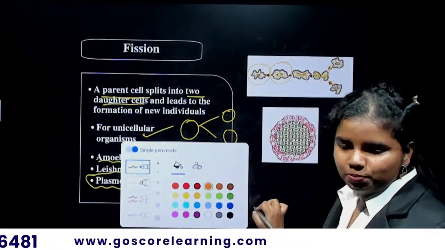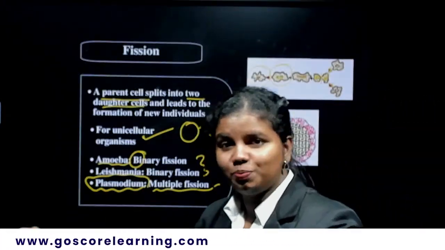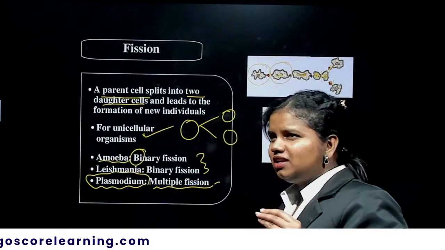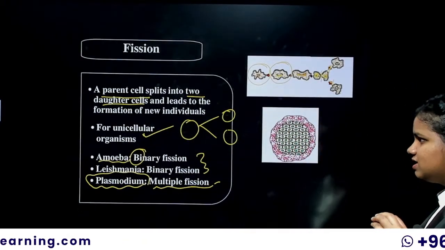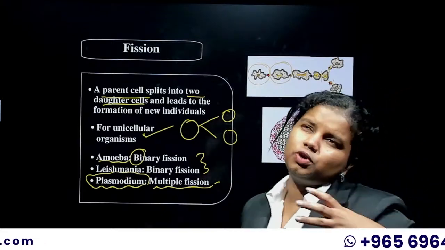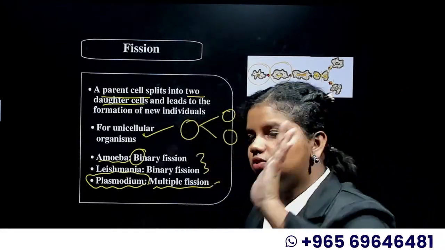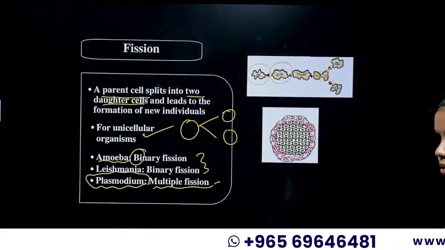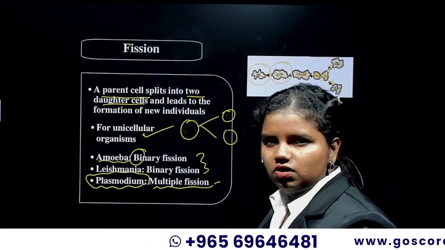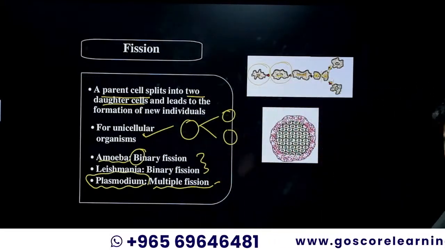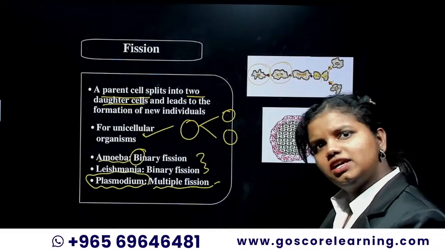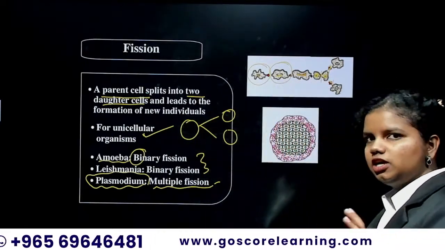Plasmodium is a very small microorganism. It's a protozoan, which means very old animal. It's a protozoan which causes the disease malaria. It creates several other issues, but causing malaria is one of the major issues from Plasmodium.